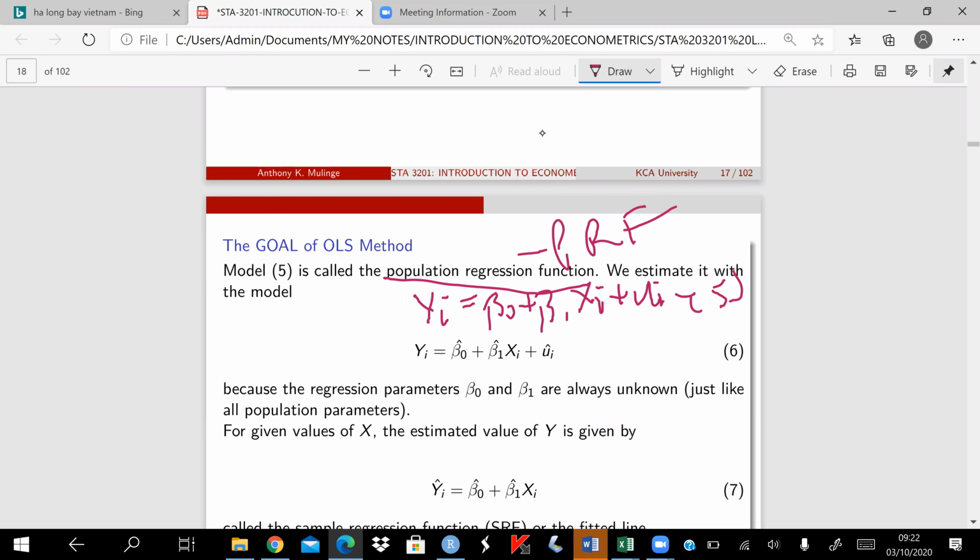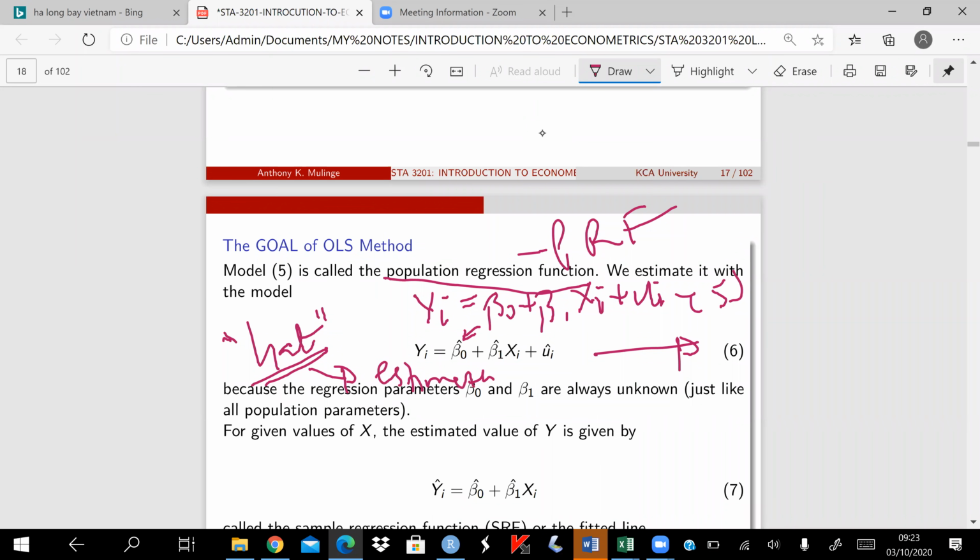As we know, the values of beta naught and beta 1 are regression parameters, and they are unknown, so we can only estimate them. We can estimate that model using function number 6. You find that we're using the same terms, but now we're introducing the hat. The hat here is used to signify an estimate.